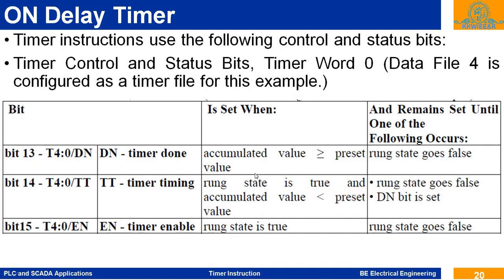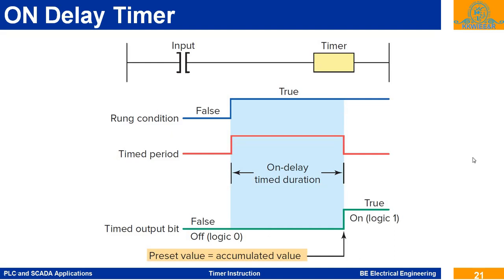Delay is provided, the accumulator starts counting, and when this accumulated value is equal to the preset value, the done bit is set and the timer timing bit is reset. Okay. So this is the function of the on delay timer, or the state of the done bit and TT bit is changed with these conditions. Okay.